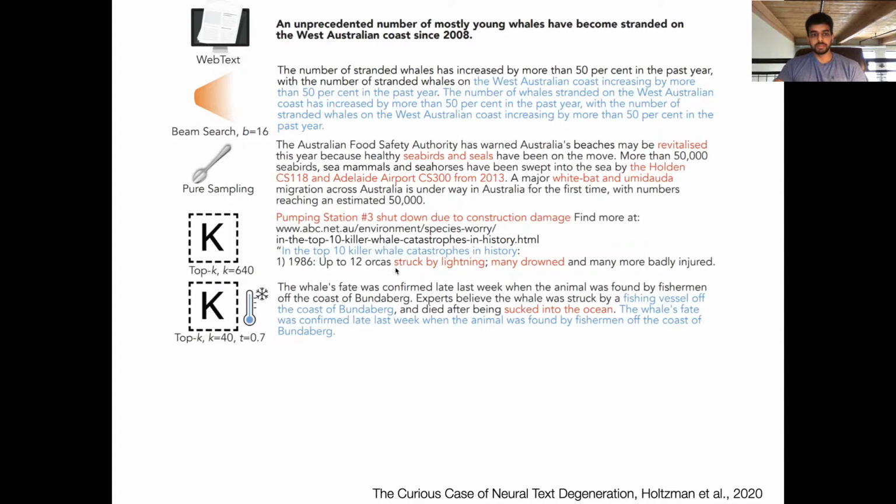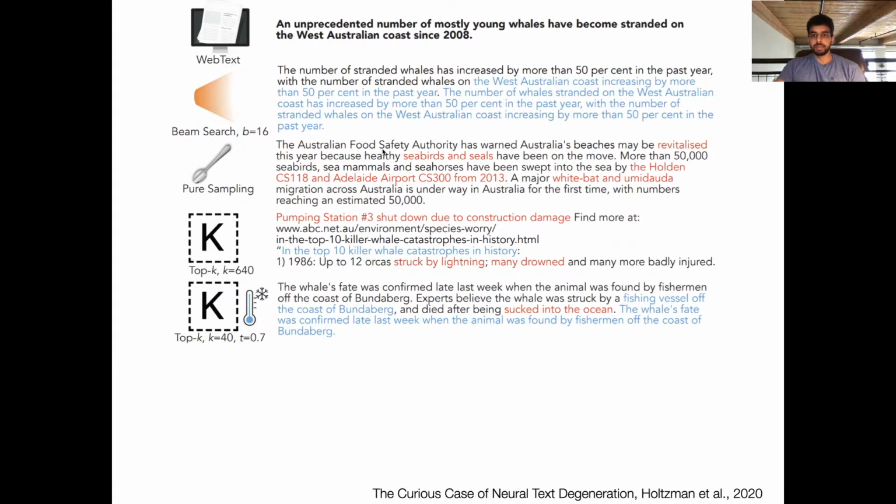It seems to be a little better maybe than the pure sampling strategy, but it's still not great. When you reduce the value of K to 40, you get something that's at least more related to whales. The whale's fate was confirmed late last week when the animal was found by fishermen off the coast of Bundaberg. Experts believe the whale was struck by a fishing vessel and died after being sucked into the ocean. And then we have it repeated again. But this one is probably the best one that we've seen.